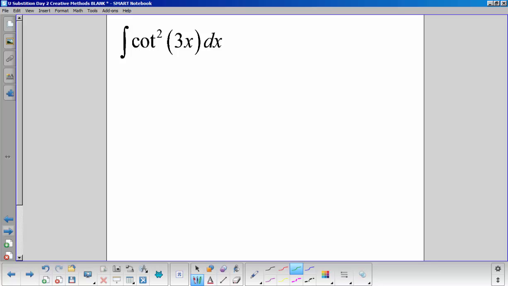So we have to use an identity here. Do we know what cotangent squared equals? You're going to say cosecant squared 3x minus 1 dx. You have to use the Pythagorean identity for that.